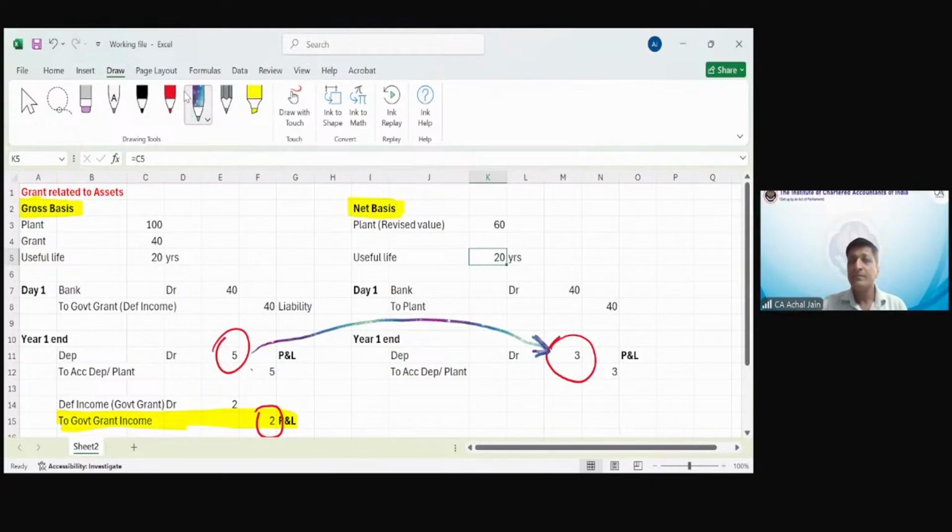Clear? Clear on this? All right. Any questions on this? Any questions, any doubts if you have, please tell me quickly. Over to you.